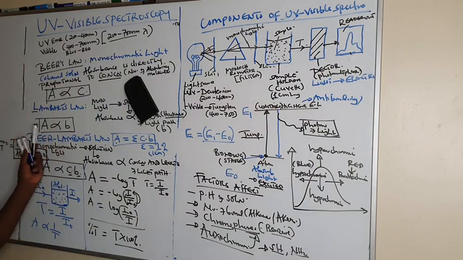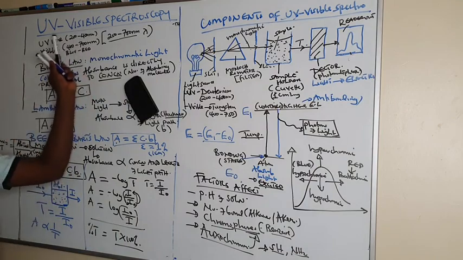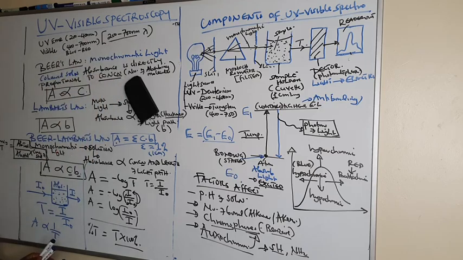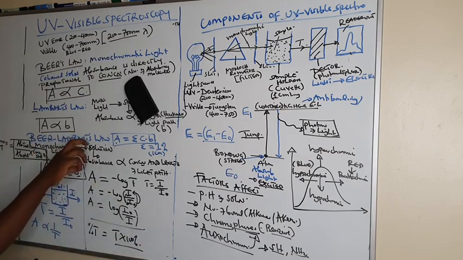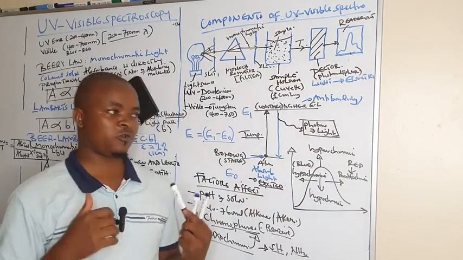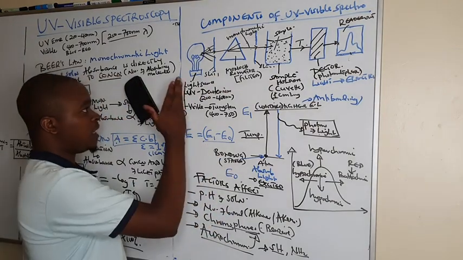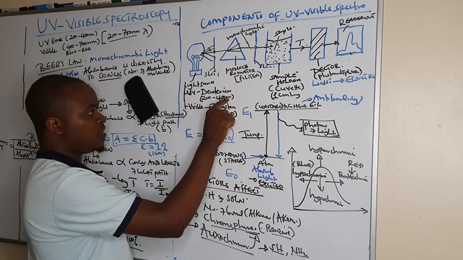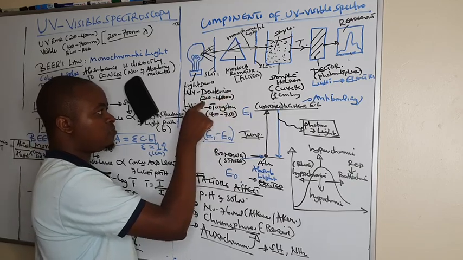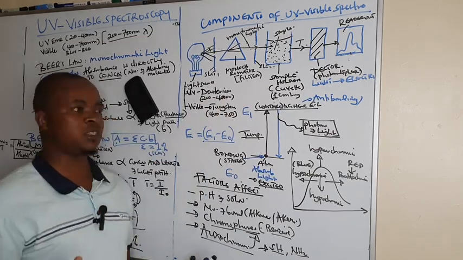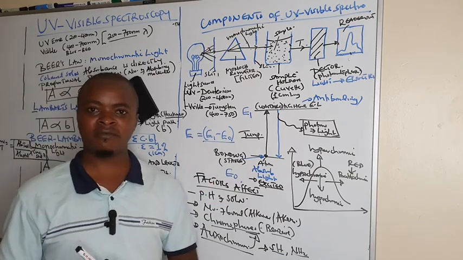So please remember Beer-Lambert's law, and remember that UV visible measures between 200 to 700 nanometer wavelength, and we have seen how to apply Beer-Lambert's law. We have seen different components of a UV spectrophotometer: the light source, deuterium for between 200 to 400 nanometer, and then tungsten or halogen between 400 to 750.